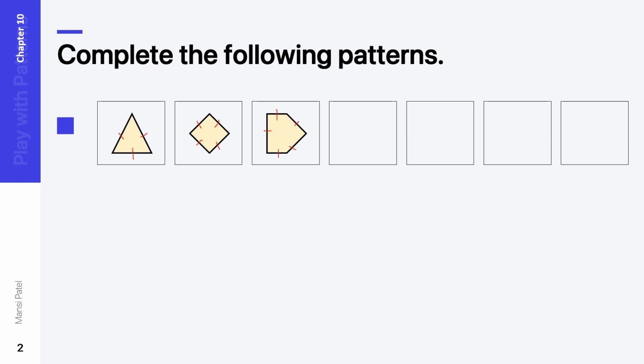So, when the next pattern is coming, the number of sides increases by 1. So, in our next pattern, how many sides? There are 6 sides. So, you have to draw any shape which has 6 sides. See here, 1, 2, 3, 4, 5 and 6.